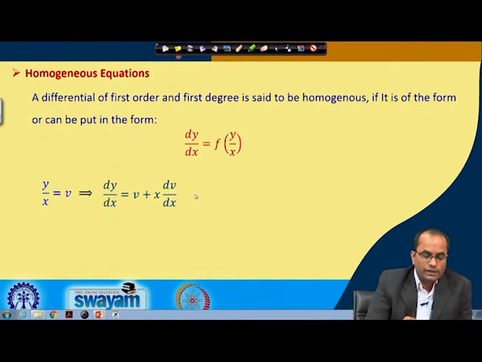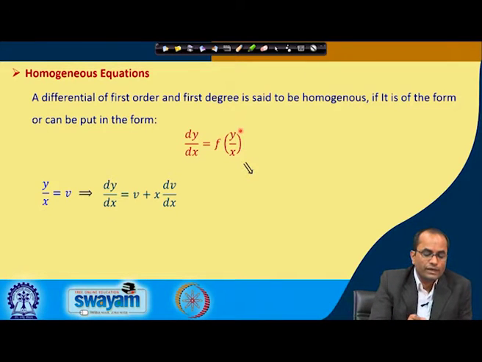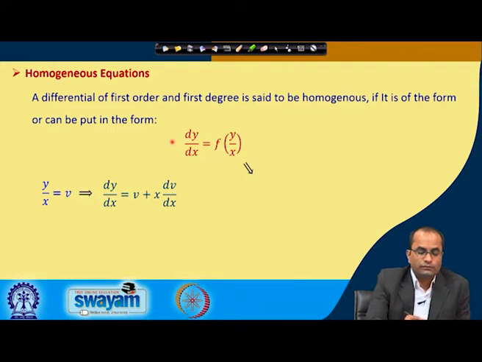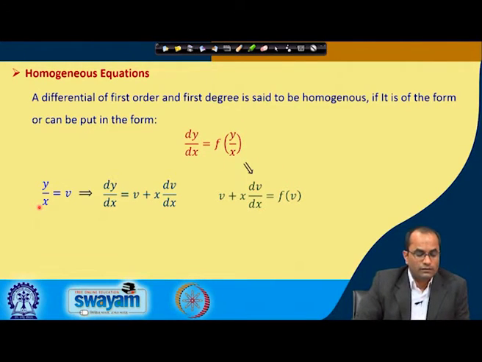Having this relation, we can convert our equation, which was given in the form dy over dx is equal to a function of y over x. Now dy over dx will be replaced by v plus x dv over dx, which is equal to the function of v, because y over x we have assumed as v.